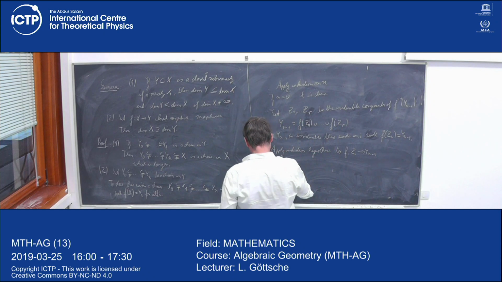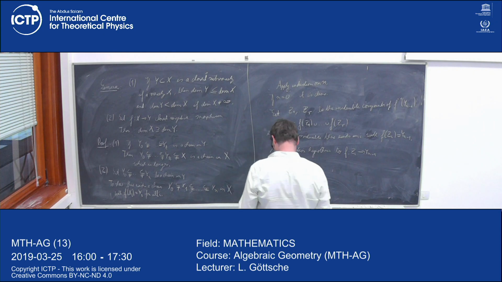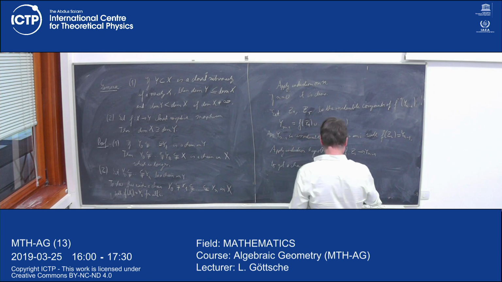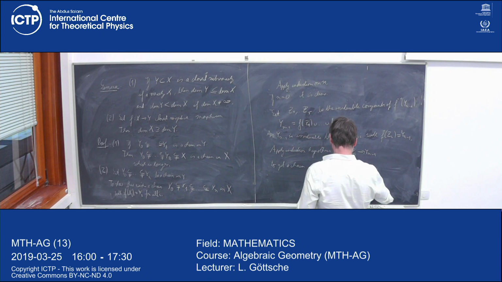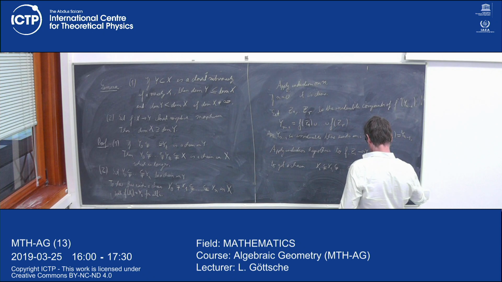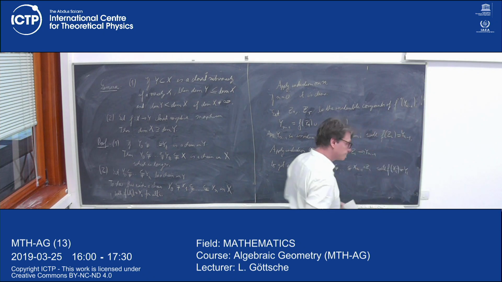So we get a chain x0 contained in x1 until x n minus 1, with f of xi equal to yi.